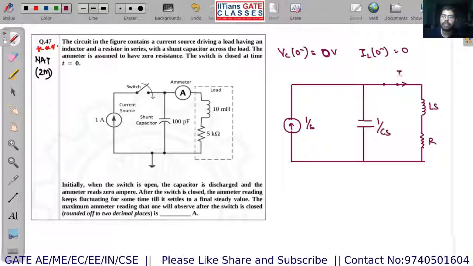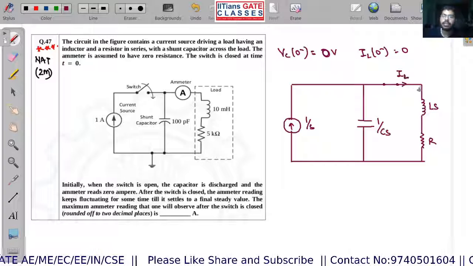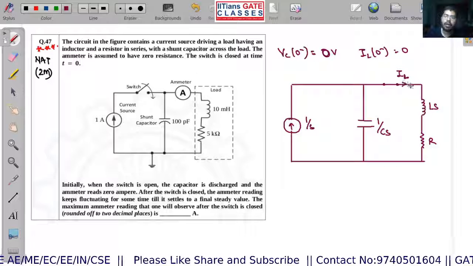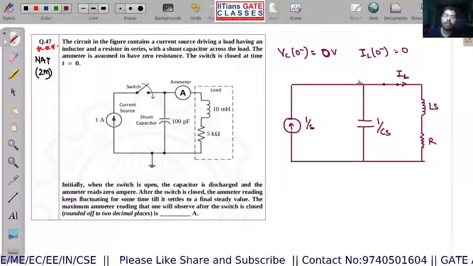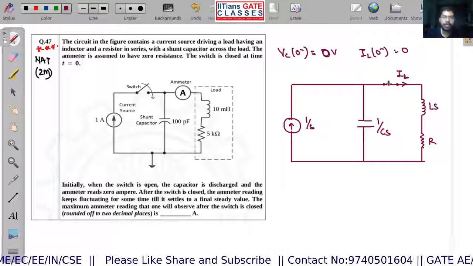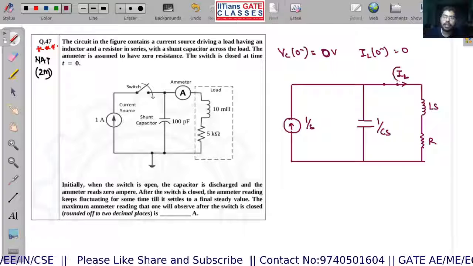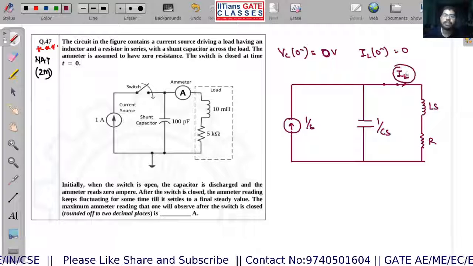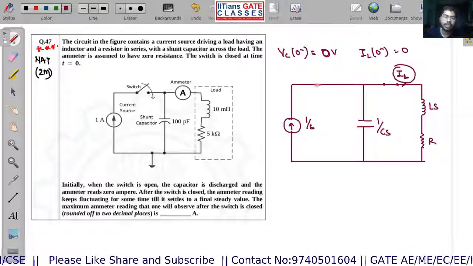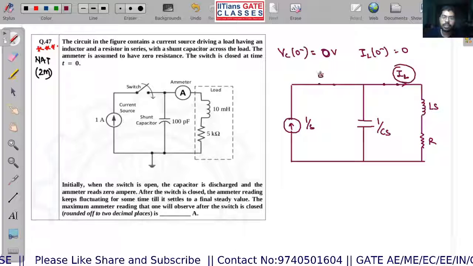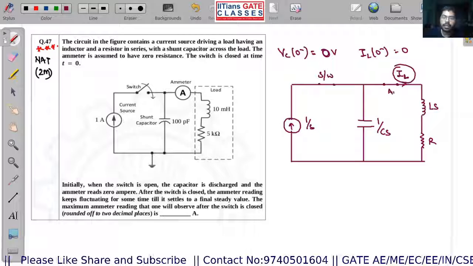Let me assume this is IL. IL means the inductor current, which is also equal to the ammeter current. The ammeter has resistance 0. Now I need to calculate this IL when it is maximum, when my switch is closed. This is my switch here and this is my ammeter here.